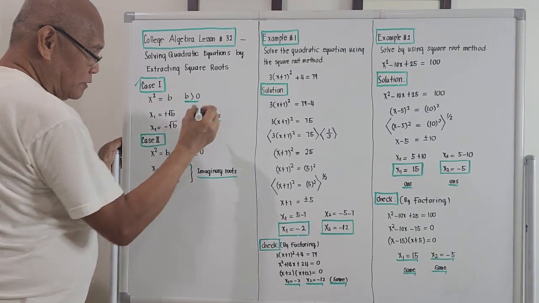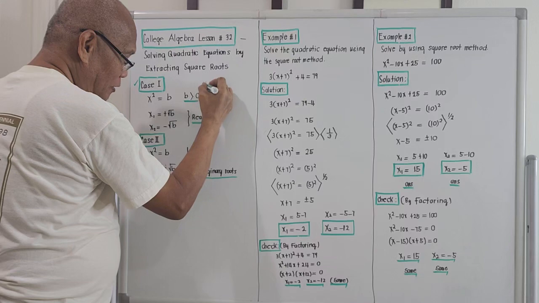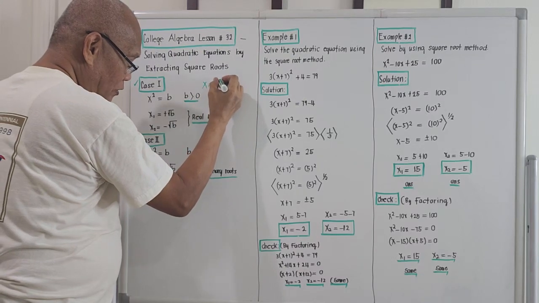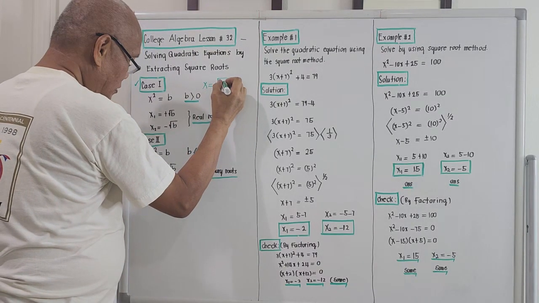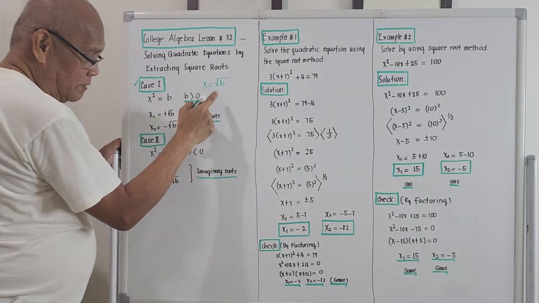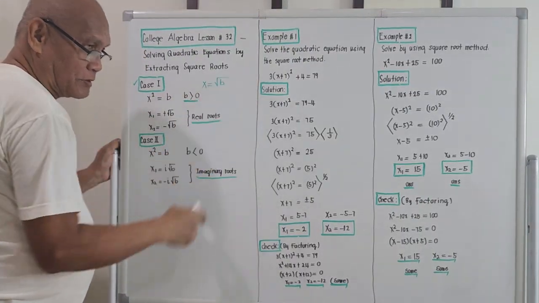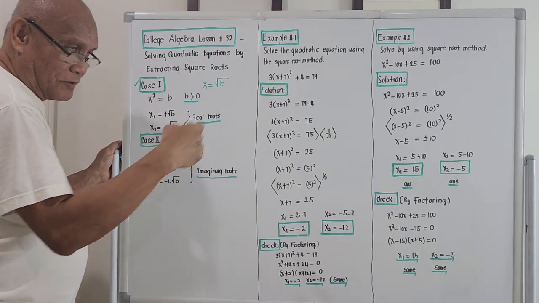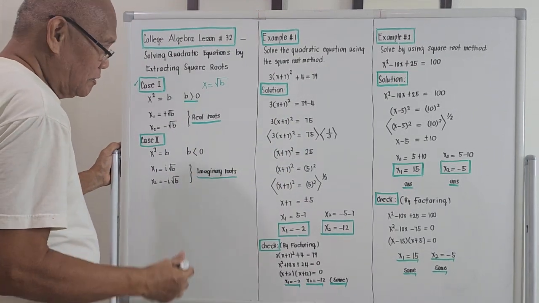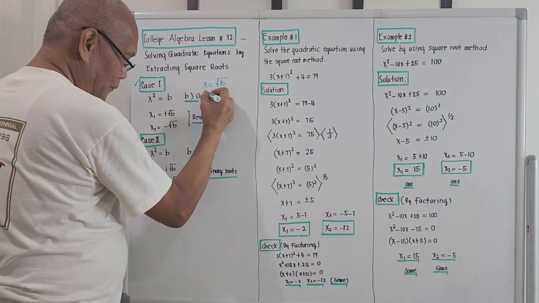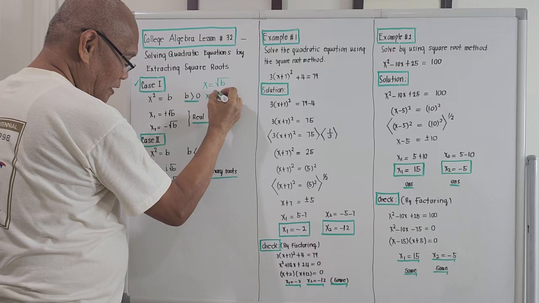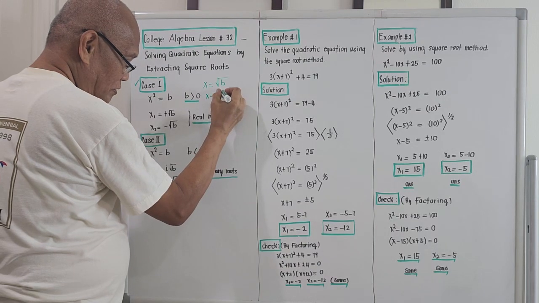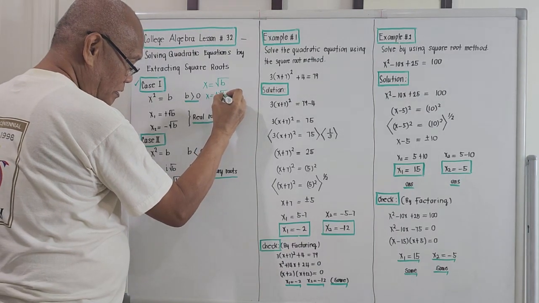If we compute for the value of x, it will be the square root of b. But since b is greater than 0, what will come out is x equal to plus or minus the square root of b.